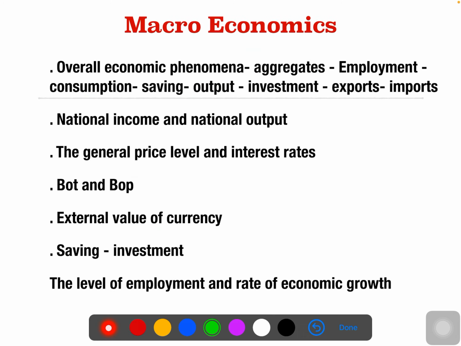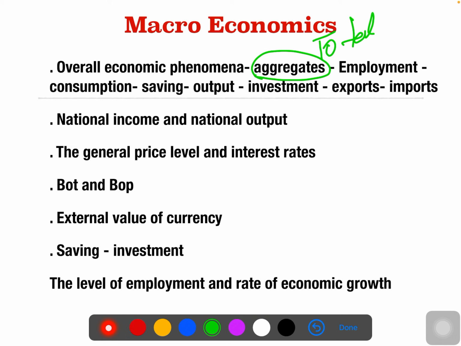And what is macroeconomics? Macroeconomics is nothing but the complete contrast of microeconomic phenomena. It talks about the behavior of large economic aggregates. Aggregate is nothing but total combined information.